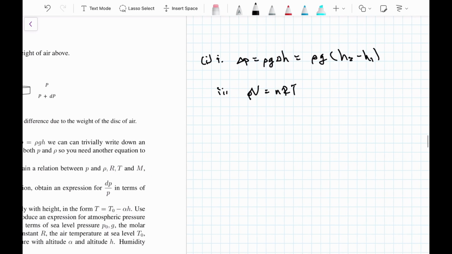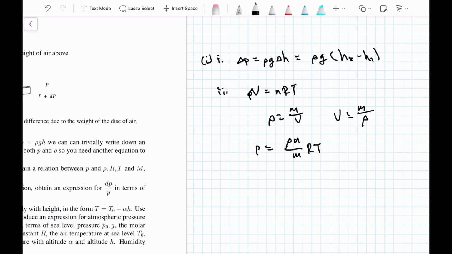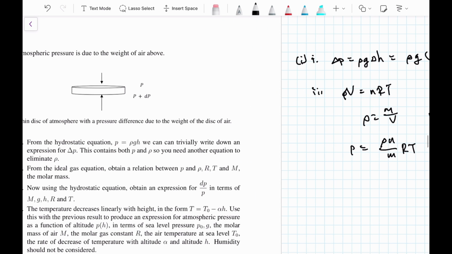So what we can say over here is that rho is density, which is m over V. So V will be equal to m over rho. If we divide this to the other side, we will get P equal to rho n over m RT. So we have the number of moles and mass, and we can relate that to the molar mass.